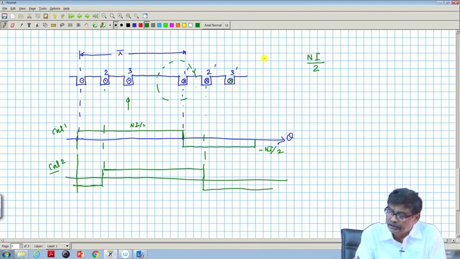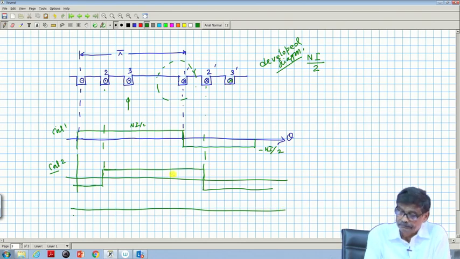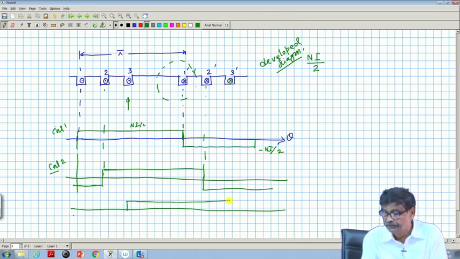This is the developed diagram, mind you, of the circular thing, developed there. And similarly, for the third coil, it will be like this, which will be here, third coil starts here, cross, same cross, dot, continues up to this point here.